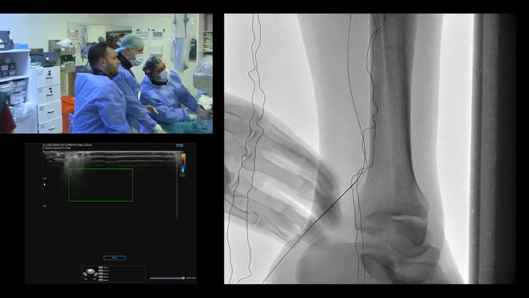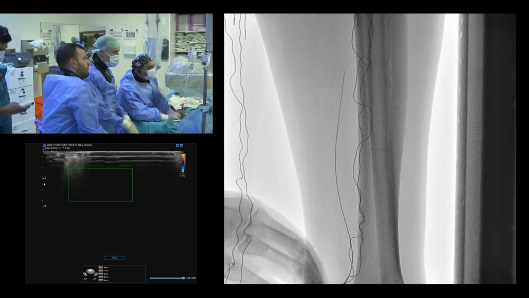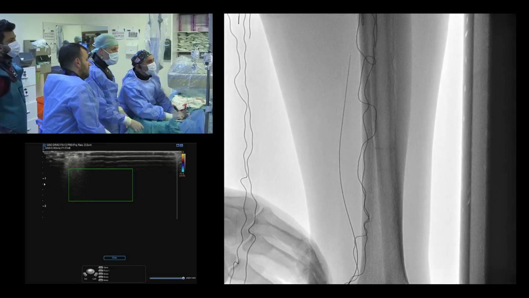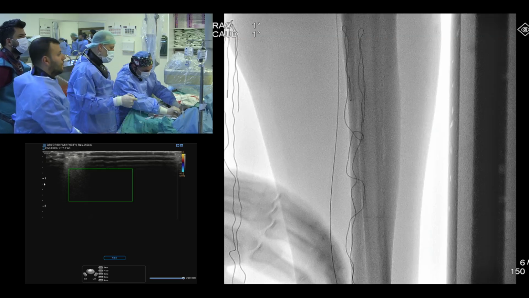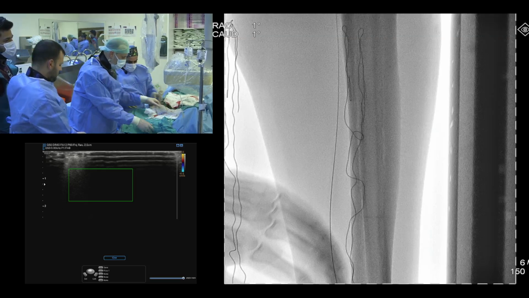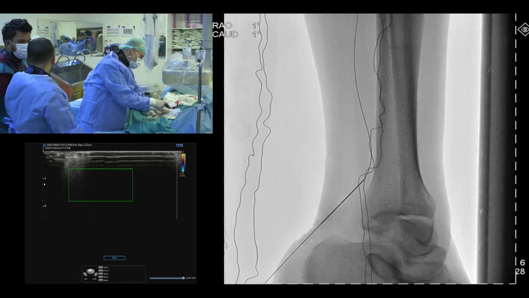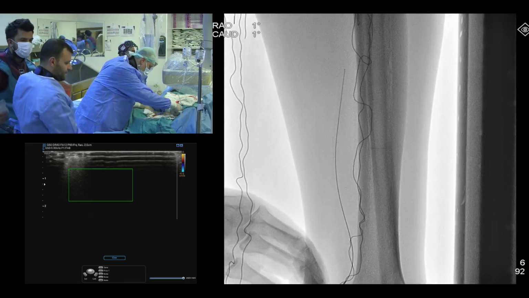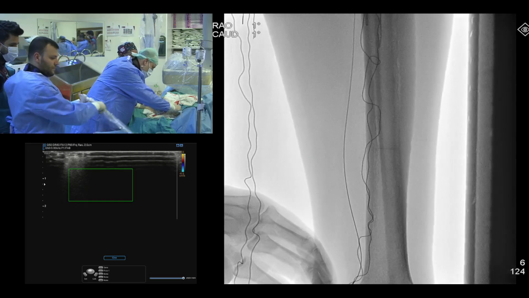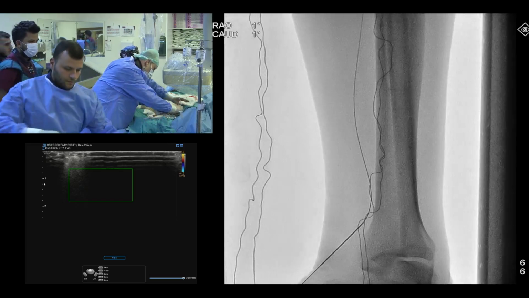As you can see, angiography, yes, we see. Yes, move on. We insert a 6 French radial sheath in the posterior tibial artery.